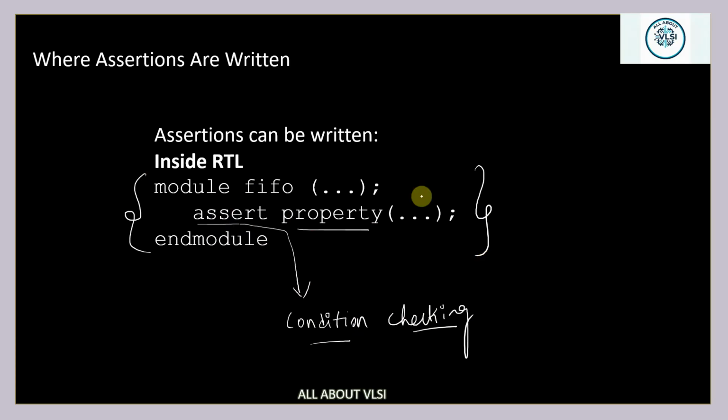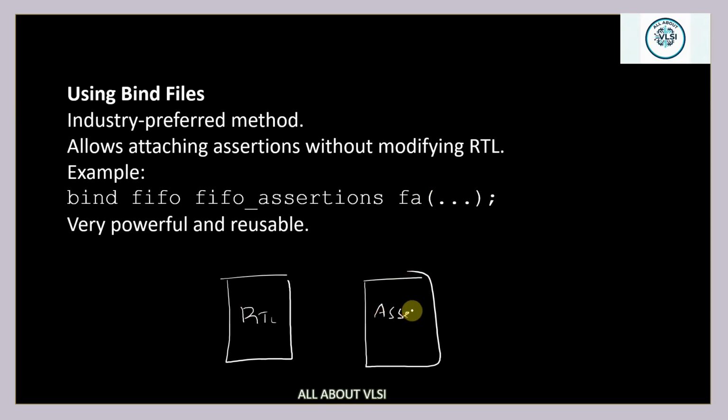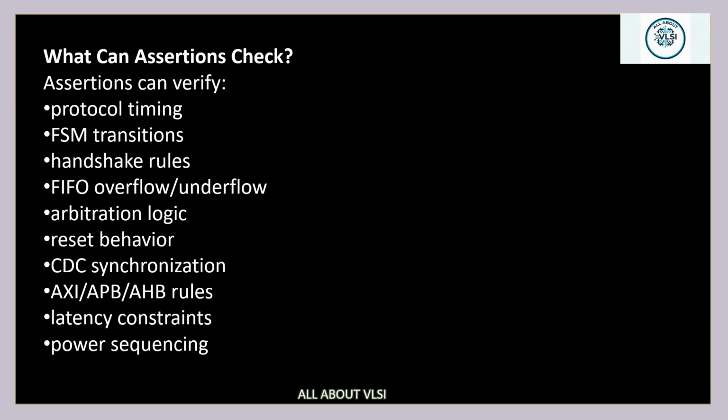It can be written inside your RTL code, or outside it. Let's say this is the RTL code, and this is one more file where the assertions are written. You can bind these two files. This is binding, which we are going to see in later sessions. So we can write assertions inside or outside the RTL code.